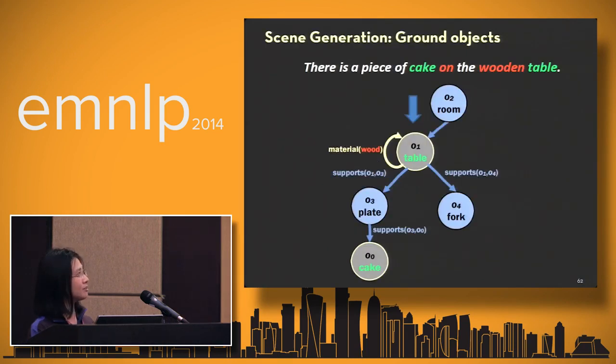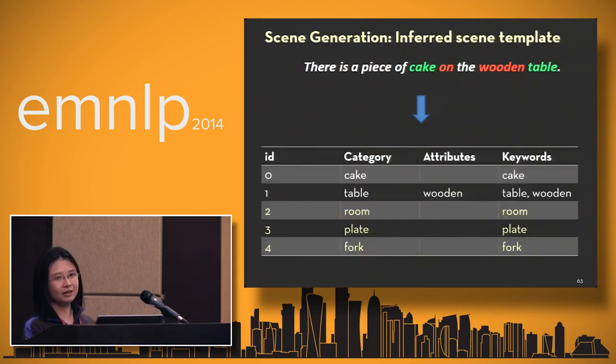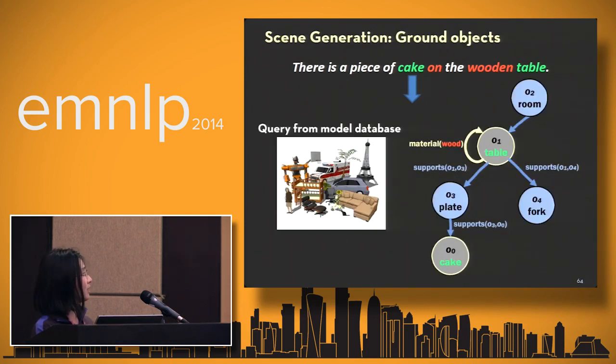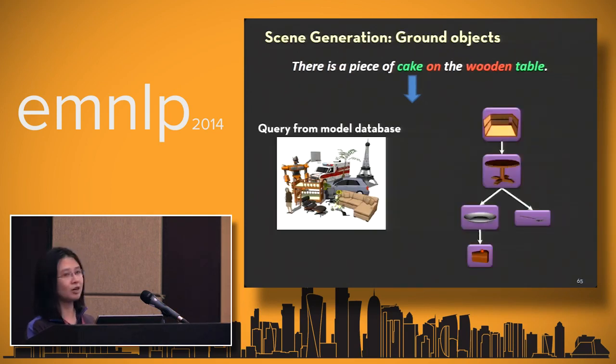Finally, we want to take these objects and actually figure out how to visualize them. And going back a bit, we basically have for each object, in addition to the category and attributes, combined keywords that we will use to look up in the database. And we query our model database, and we get some models to represent our objects.